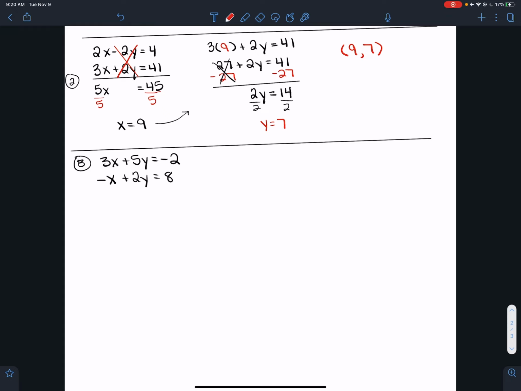Okay, so on this one, it does look like we're going to have to manipulate one of the equations so that the coefficients do match. I'm going to go ahead and take this second equation. I'm going to eliminate the x's, because if I was to try to eliminate the y's, I would have to actually multiply both equations. And rather than having to do all that work, I'm going to look for the one where I only have to change one equation. So I'm going to multiply that second one by positive 3.